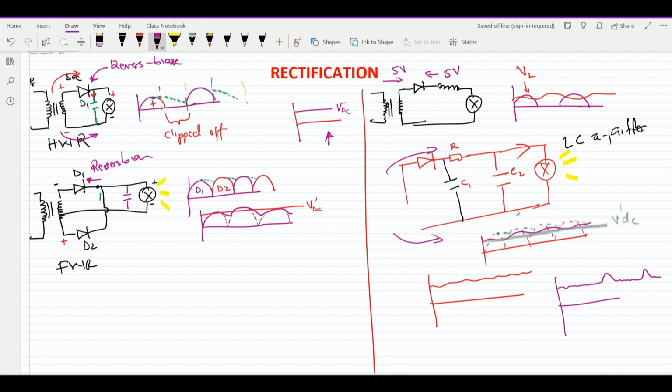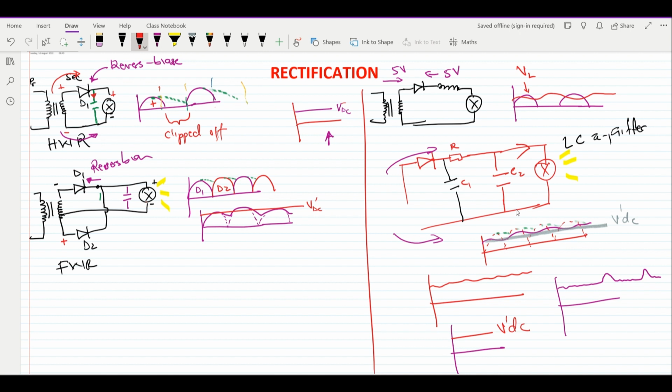When this one discharges, C2 will take over, supplying the same voltage, such that when this one returns, the voltage which has been supplied is still received by this, and yet the two capacitors charge. At the end, we have achieved our DC output.